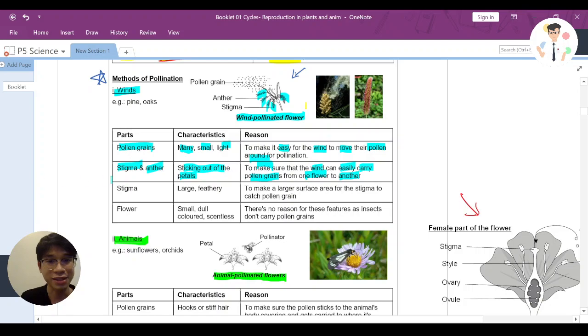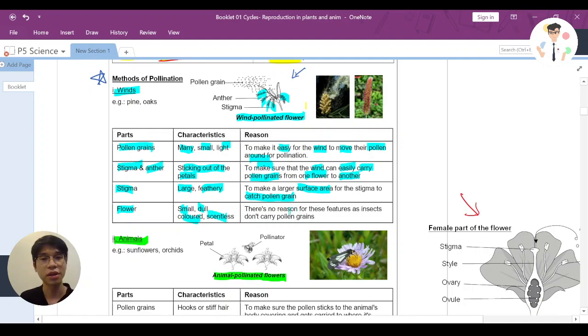Now the stigma, the same thing, but this stigma is large and feathery. Why? Because the function of the stigma is to receive the pollen grains. That's why it should be larger, so that it has a larger surface area and it's easier to catch the pollen grains. Now the flower, you notice that this flower is not that nice, it's small, dull in color, scentless.